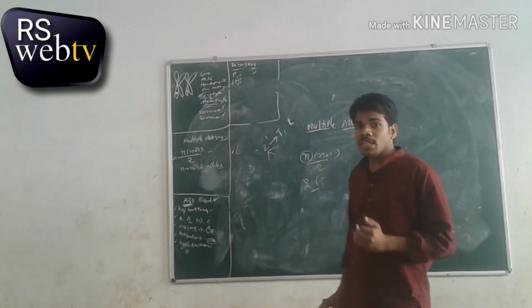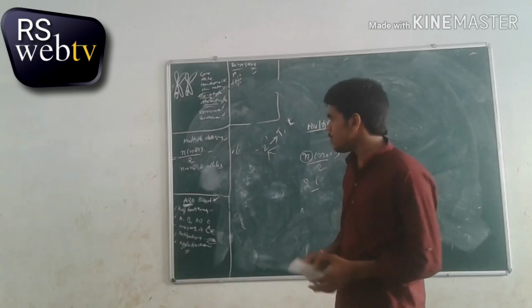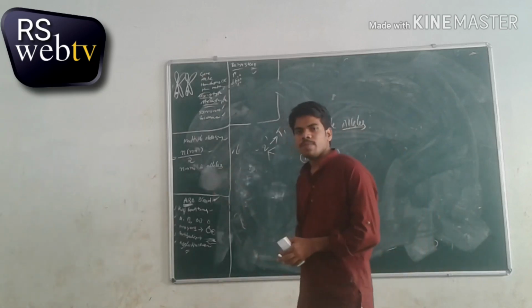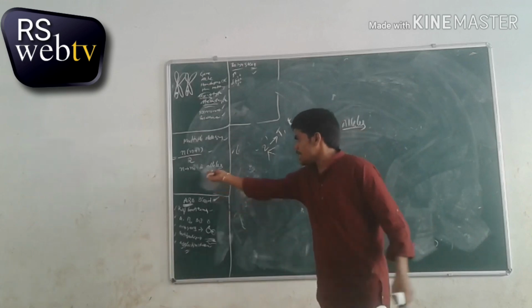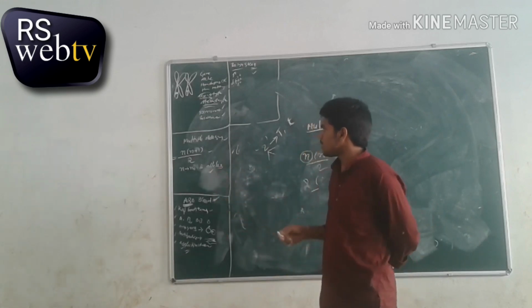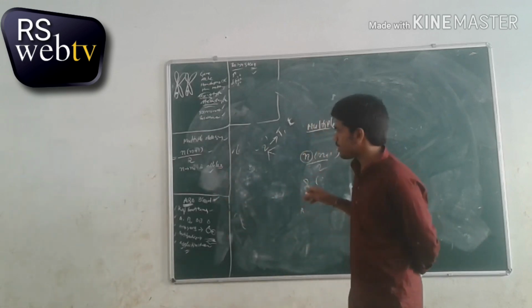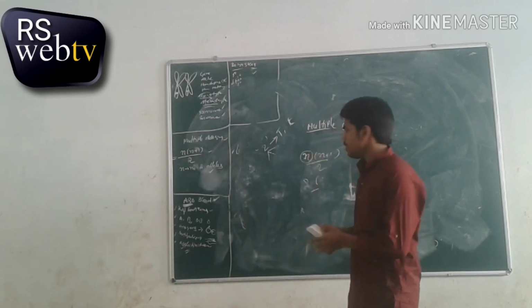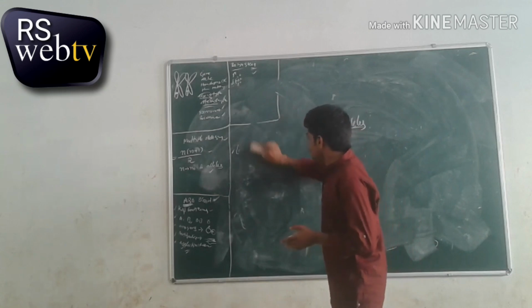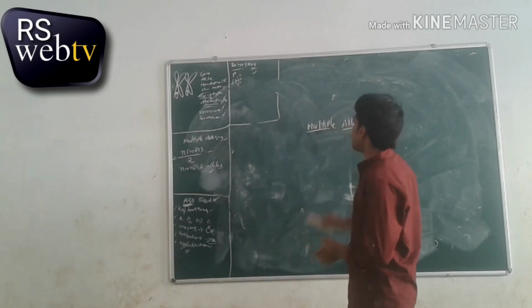So we can calculate the number of genotypes on the basis of the number of alleles. If a question gives the number of alleles and asks to count the genotypes, we can count them by this equation. Okay.